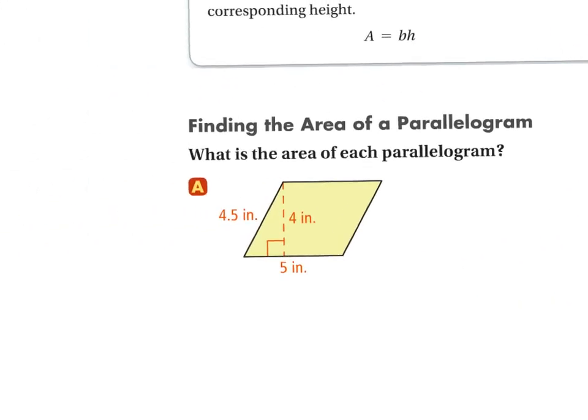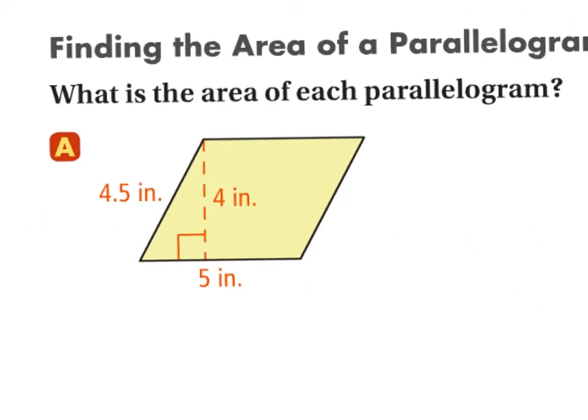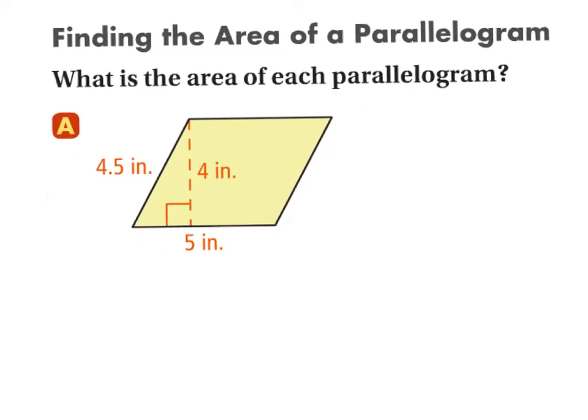All right, so let's take a look here. We want to find the area of this parallelogram. Well, again, we have 5 points to earn in every problem, so we need to start out by writing down the area formula for a parallelogram. Area equals base times height. Now we need to plug into that area formula. So what are we going to use for our base? 5, very good. Could we use 4.5? It's a yes, but.